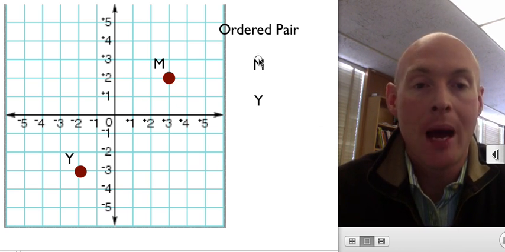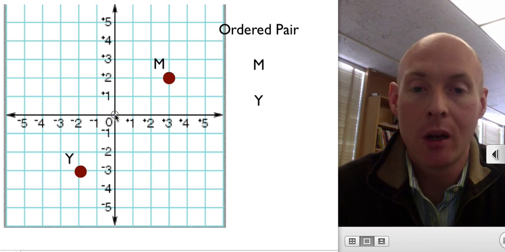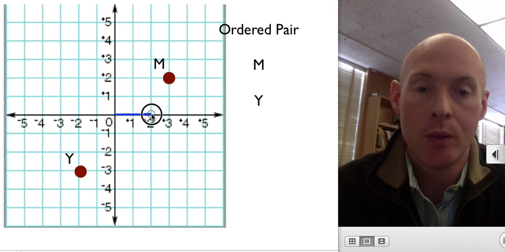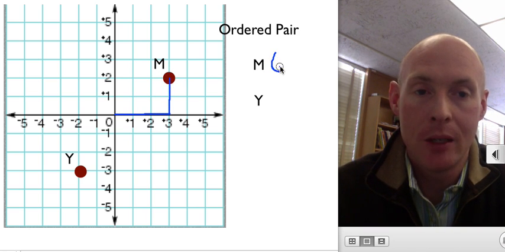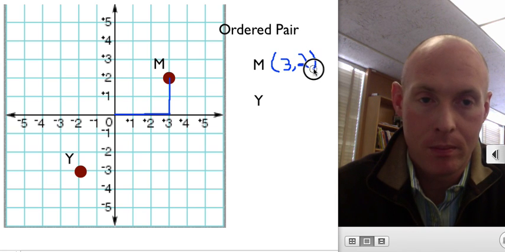Here we go. M. We go over before we go up. So we are going over 1, 2, 3. And up 1, 2. So my ordered pair for M is going to be 3, comma, 2. Perfect.